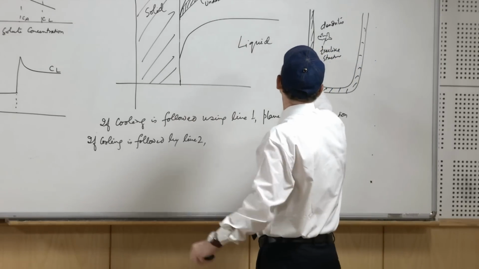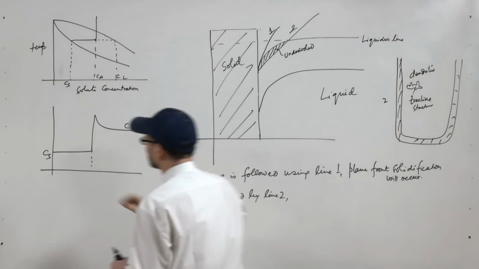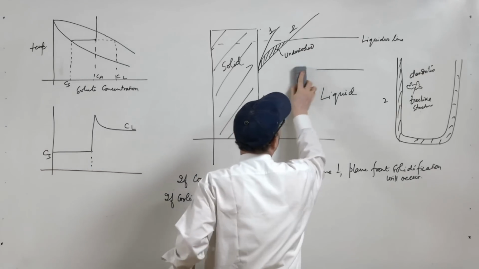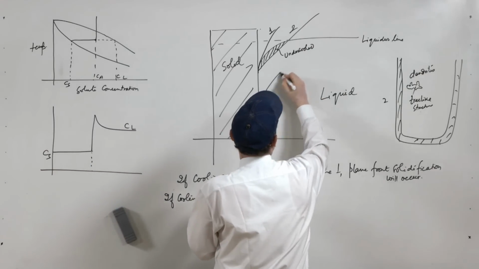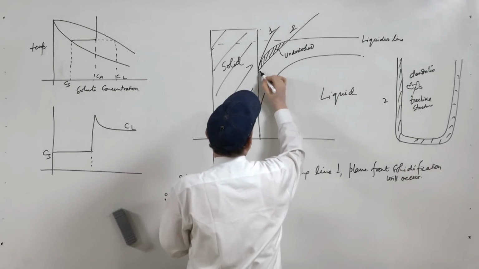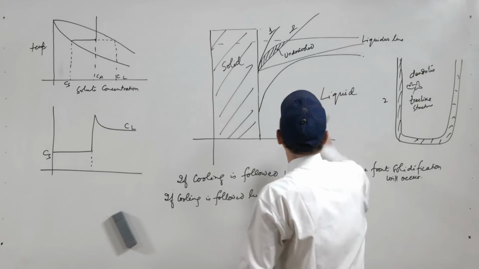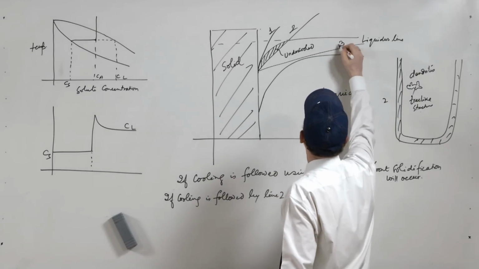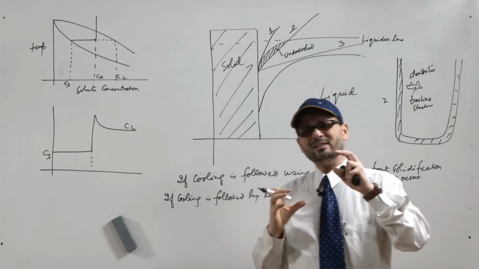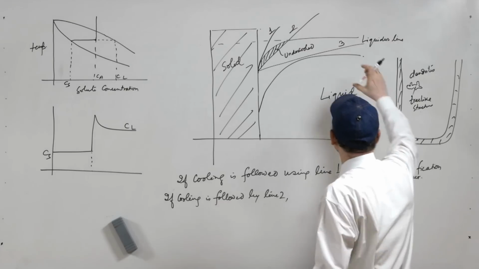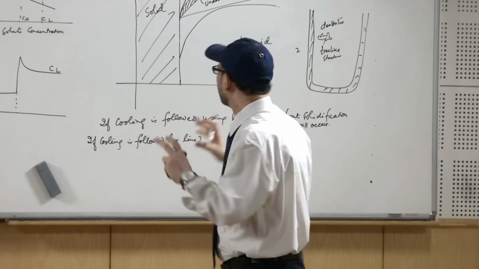Further, in the case of line 3, the undercooling is low enough to promote random nucleation and equiaxed grains at the center.